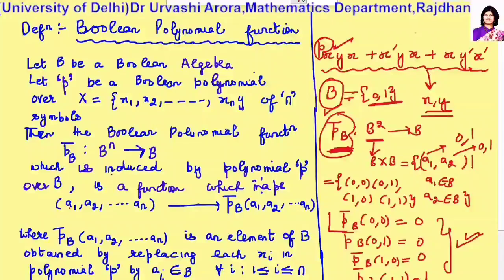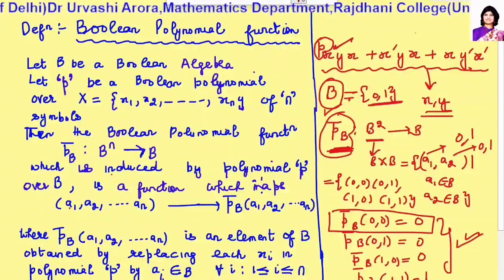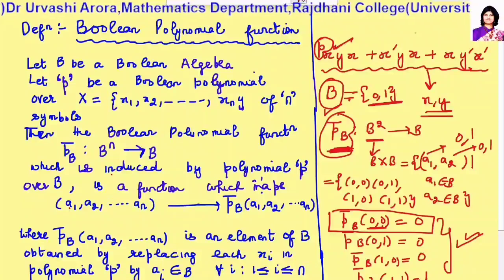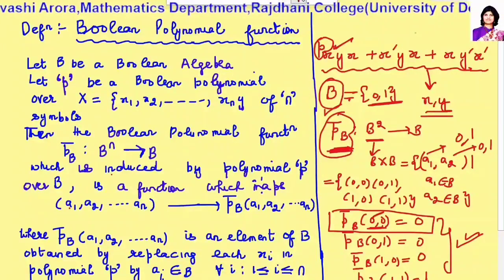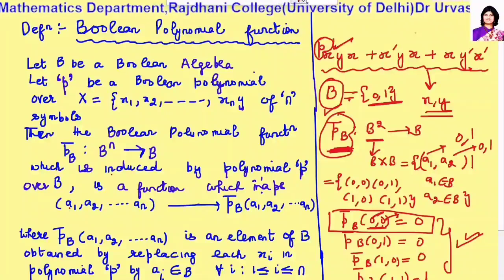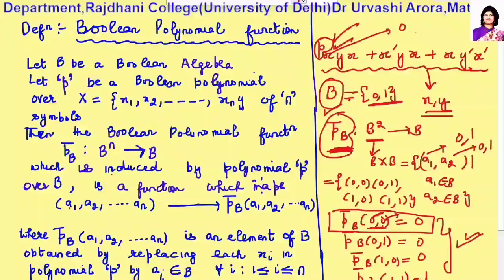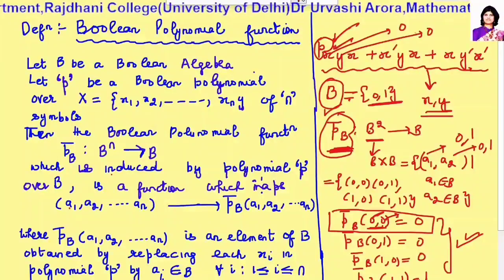For example, this p bar b of 0 0, the image of the ordered pair 0 0, was obtained by replacing the first component, which is 0, and the second component, which is 0. So in the Boolean polynomial p, x was replaced by 0, that is the first component, and y was replaced by 0, the second component.